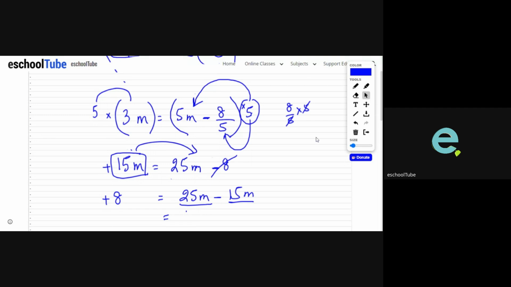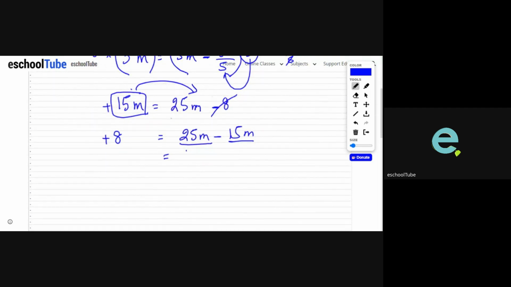बताओ. Be quick. 25 minus 15 is 10m, and this is positive 8. So positive 8 is equal to 10m. So what will be m equal to? 10m means what? 10m means 10 multiplied by m.